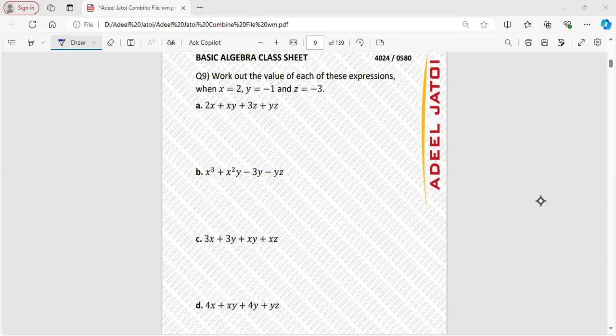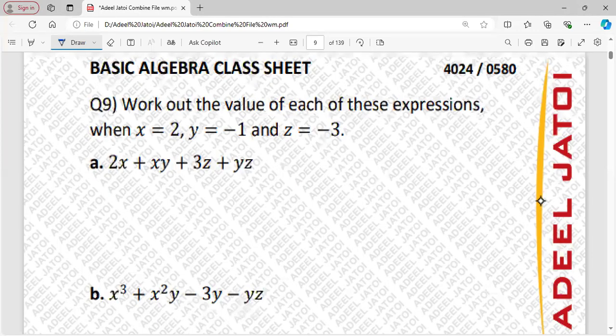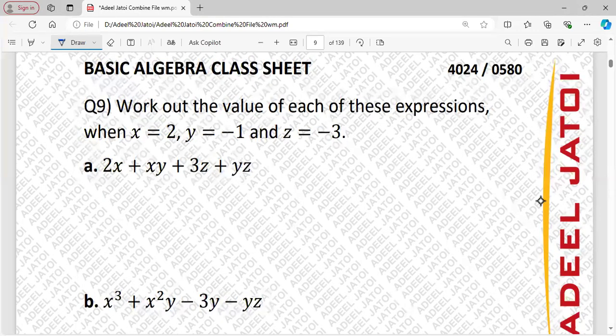Let's just attempt question number 9, part A. If we see that x is 2, y is minus 1, and z is minus 3. So we substitute the values. X is 2, then 2 again, y is -1. I'm writing the negative sign in the bracket. Then 3, minus 3 plus -1 and z is -3, right?